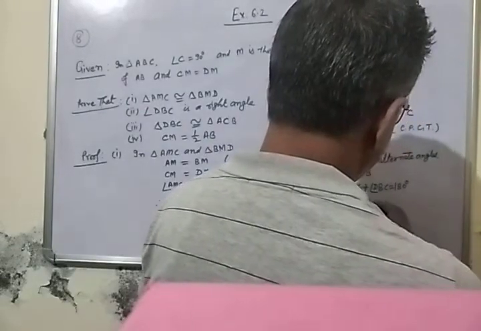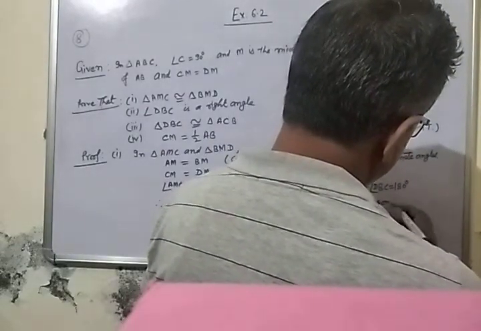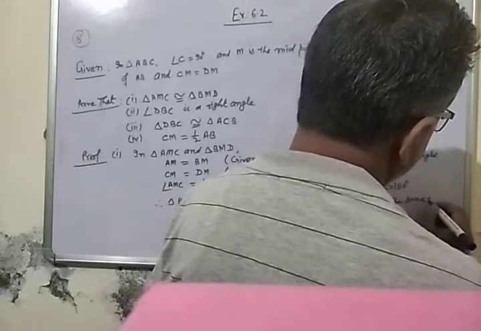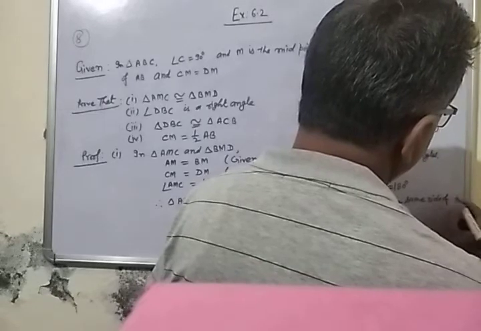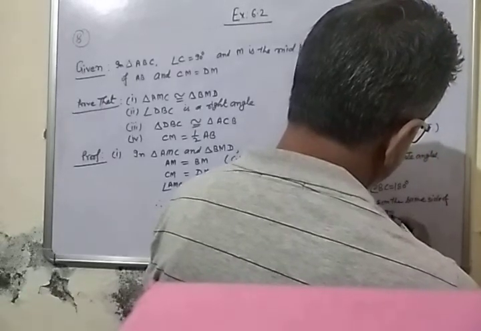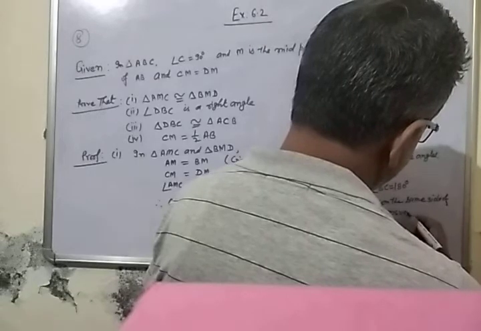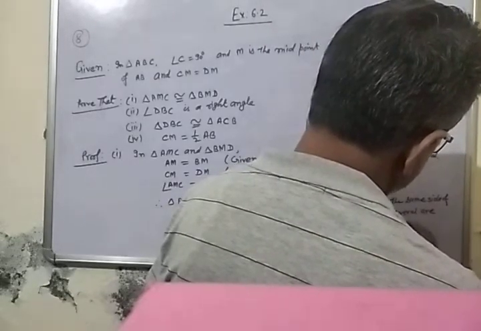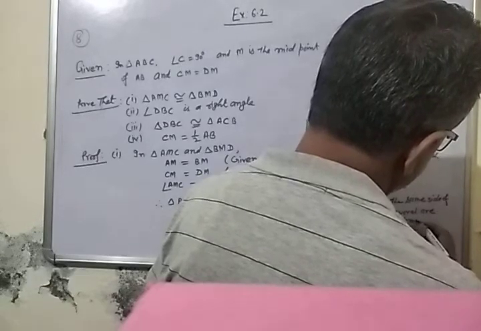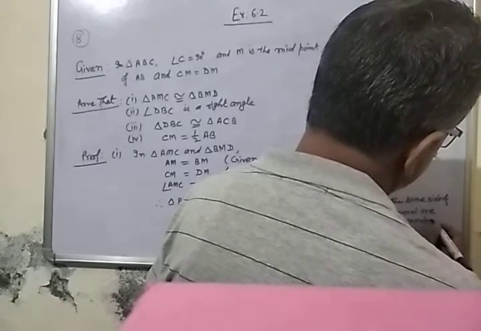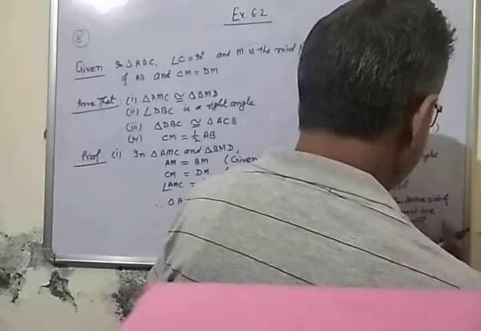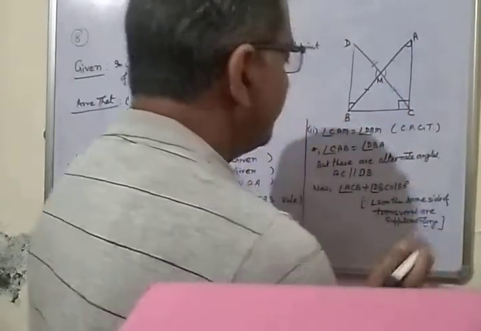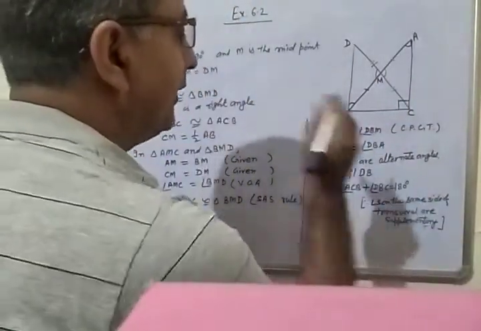You can write the reason: angles on the same side of the transversal are supplementary. Sum of these angles will be 180 degrees.